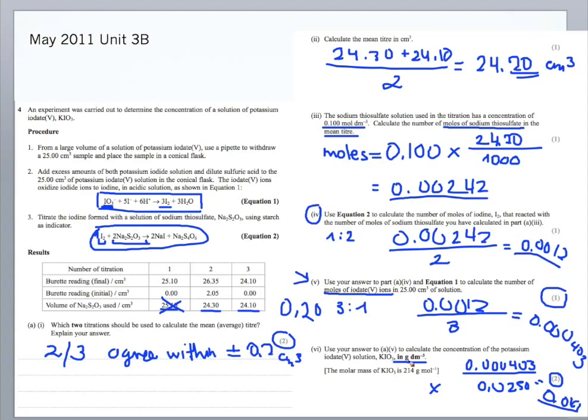And then in order to get that in grams, we have to multiply this number by the molar mass, which is given here. So 214 times 0.0161 gives us 3.45 grams. So that's our final answer.